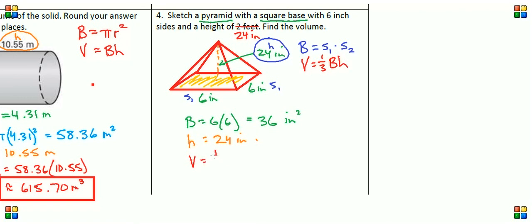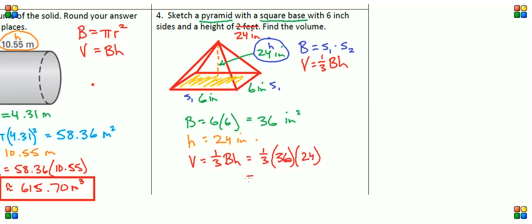So in this case, we're going to figure out it's 1/3 of area of the base times height, which is 1/3 of base area, which is 36, times our height, 24.